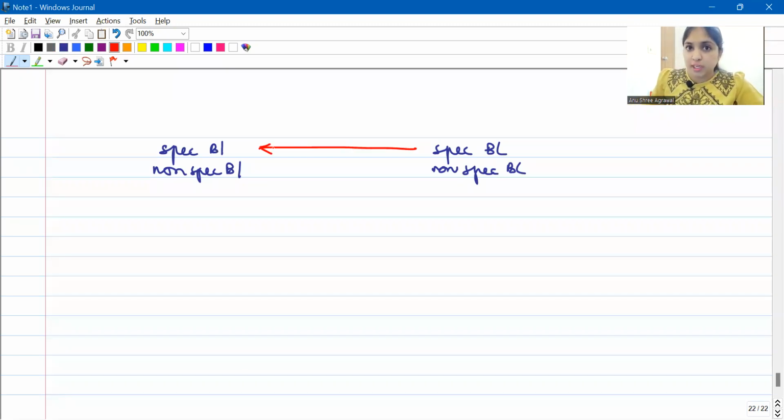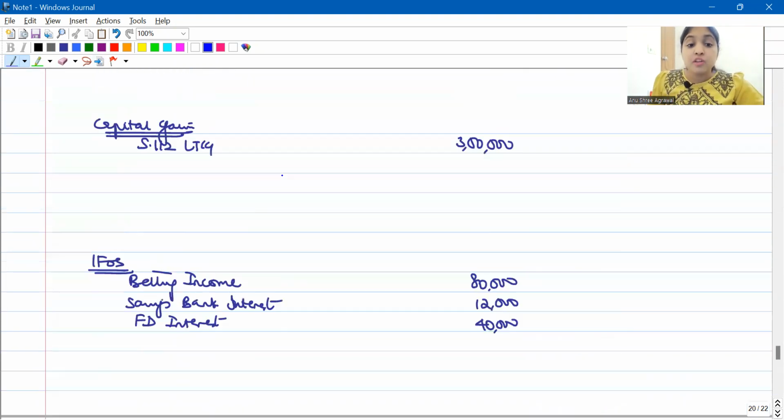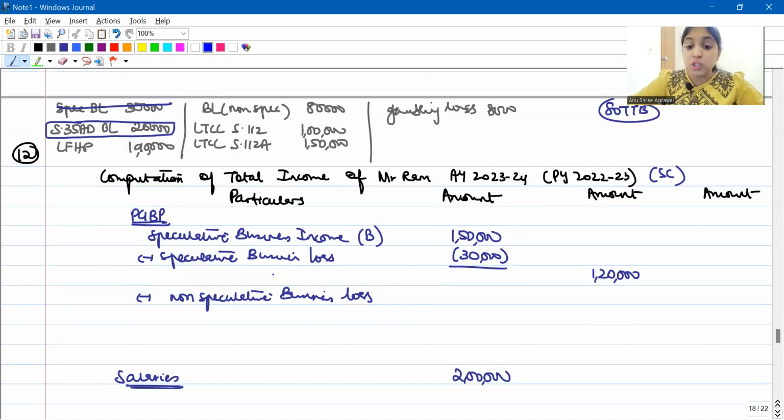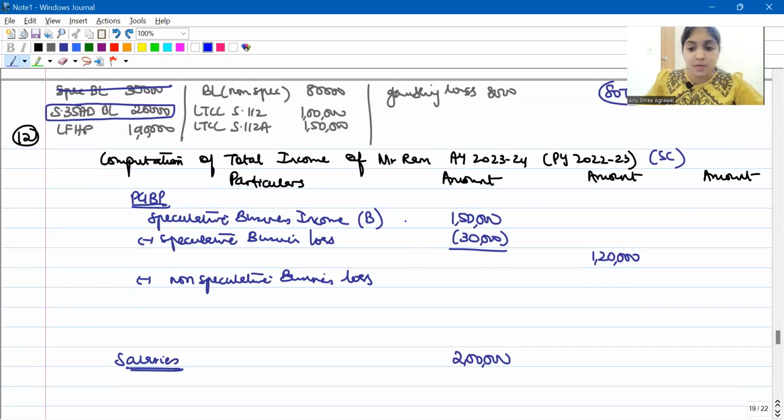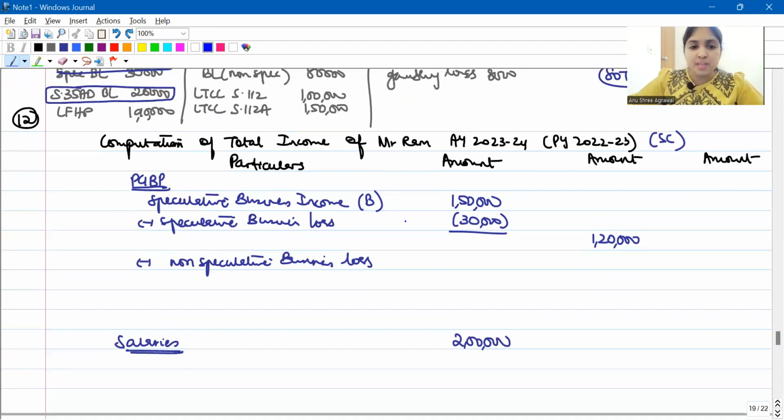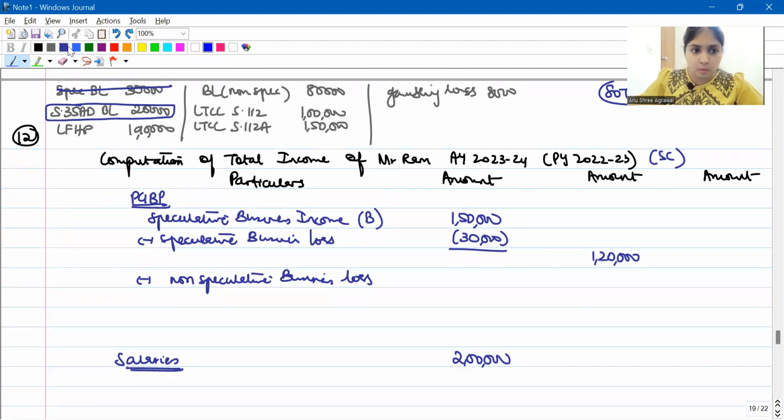Only against speculative business income. Non-speculative business loss I can adjust against what? Both. Against speculative business income also, against non-speculative business income also. So here we have non-speculative business loss, which we can adjust against speculative business income. How much is the non-speculative business loss? 80,000. Fully I can adjust over here. So this is fully done.